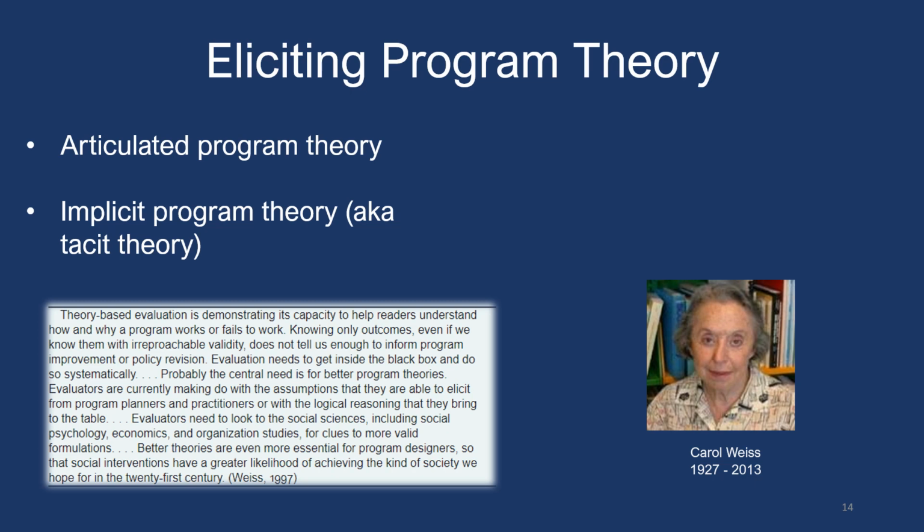She argued that evaluation was a social science, and it could and it should look to its related fields for theories that could help unpack what was happening in those in-between spaces from point A and point B.